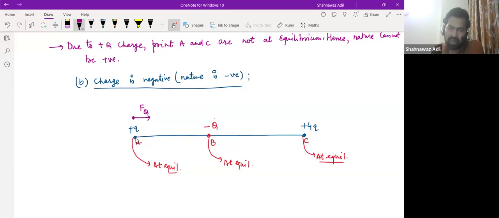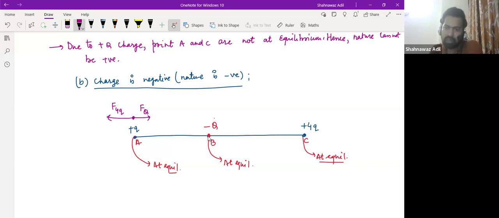Now at point A, due to 4Q, attractive or repulsive? It would be repulsive, so in this direction. Clear? Yes, sir.